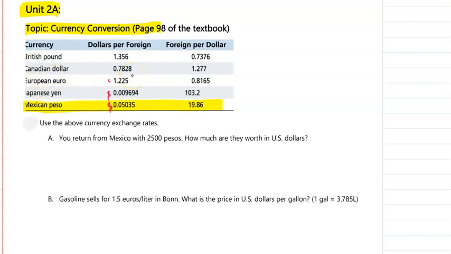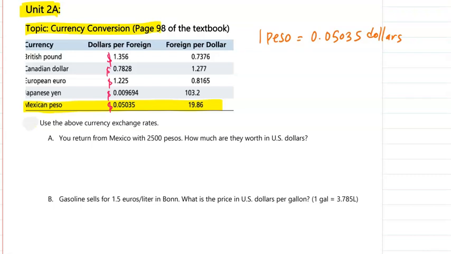Foreign here is Mexican peso in this case. So this tells you 1 peso equals 0.05035 dollar. That's what it means.